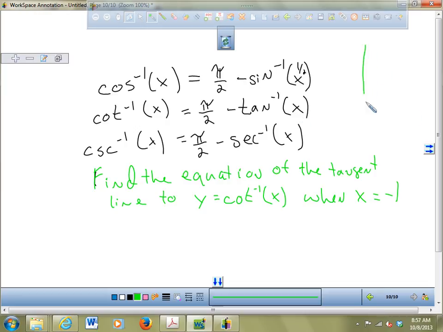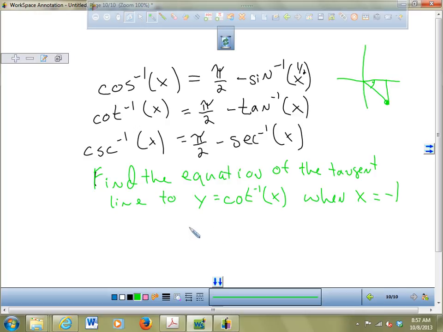Remember that inverse tangent is found in this quadrant down here when it's negative. So where is tangent -1, when that angle is how many degrees? -45, okay? Or negative pi over 4. So if I go pi over 2 minus negative pi over 4, I will get the inverse cotangent.